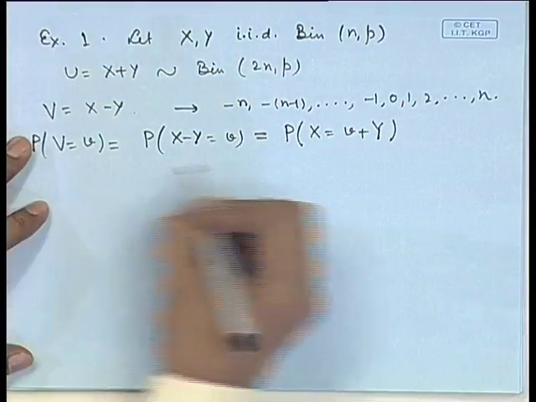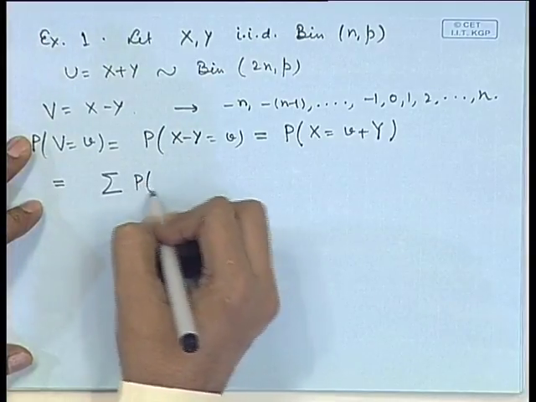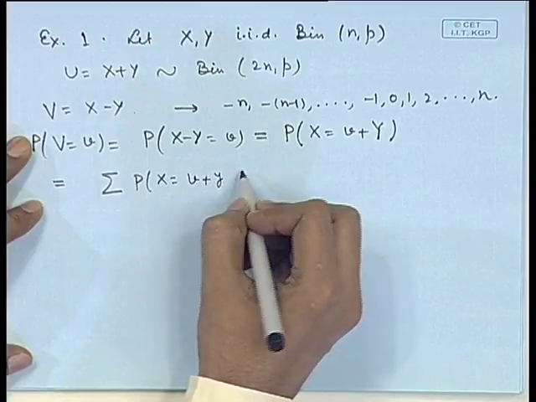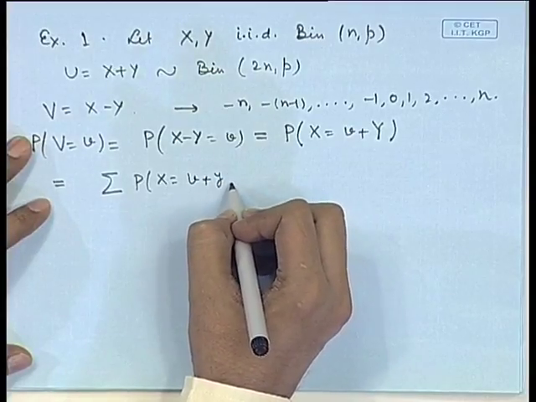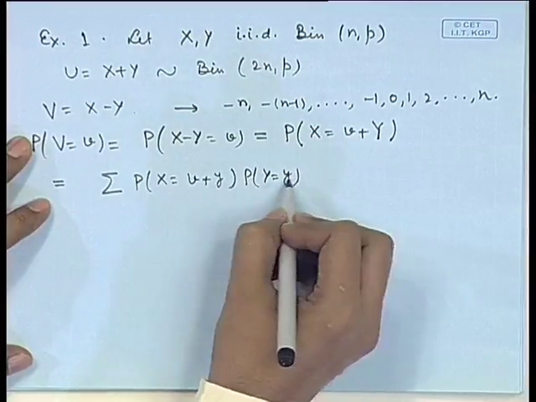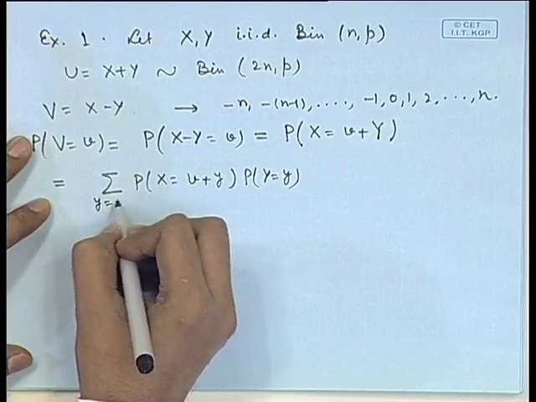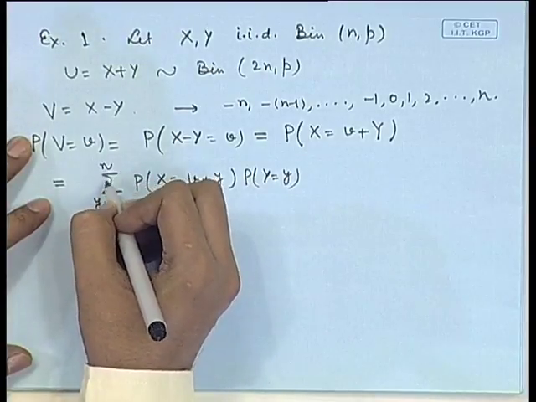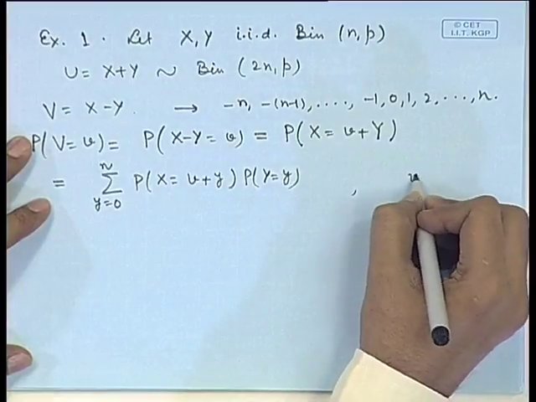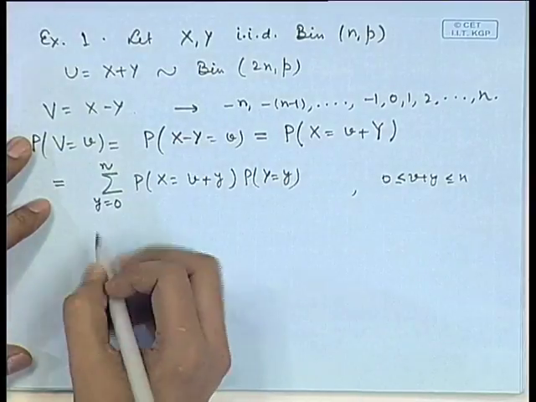So, we can use the theorem of total probability here and write it as the probability X = v + y into the probability of Y = y. This is because of independence I can split, for y = 0 to n. Now, this is subject to the condition that v + y is also lying between 0 to n.